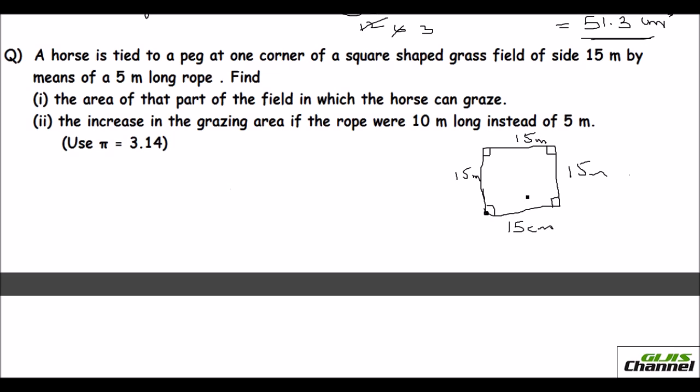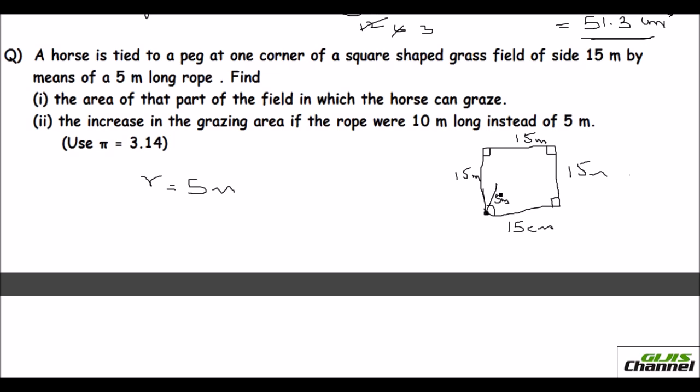The horse is tied and the rope length is 5 meters. So the length of the rope is 5 meters. So that's your radius. Radius is equal to 5 meters. You need to find the area of the part of the field which the horse can graze.